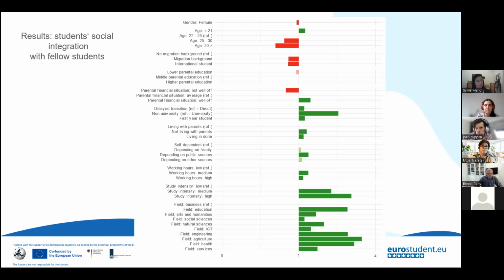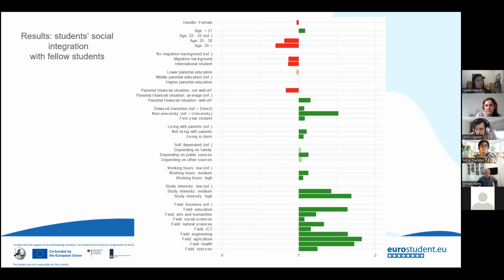So for instance, you can see that female students report a bit less contact with fellow students. Younger students indicate more contact. Students with a migration background and international students indicate less contact.